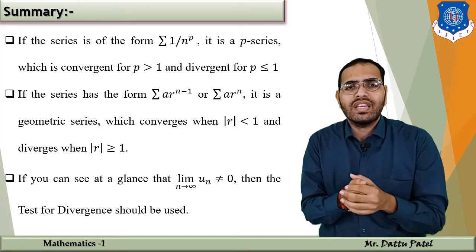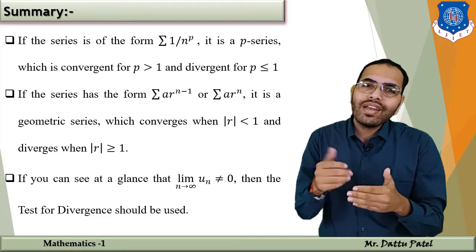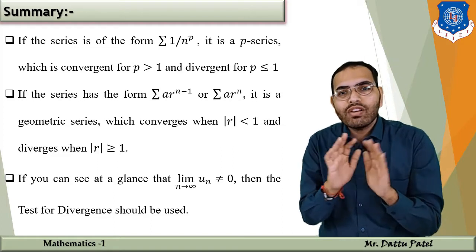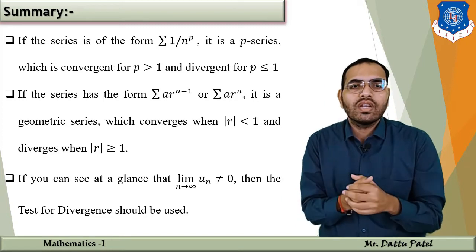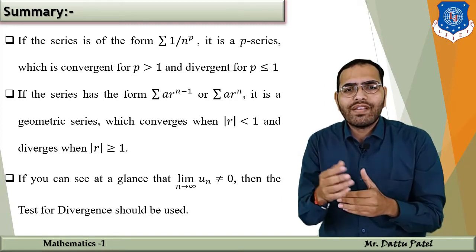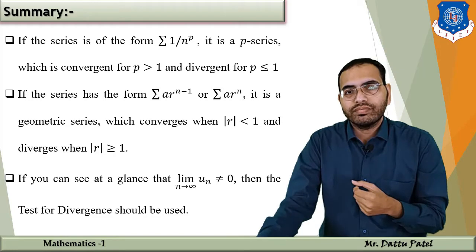If at a glance you see that limit n tends to infinity of u_n is not equal to 0, then the zero test, or the test for divergence, should be used.